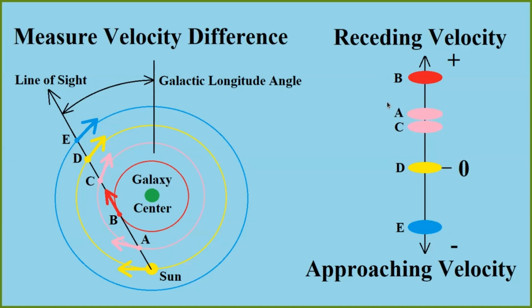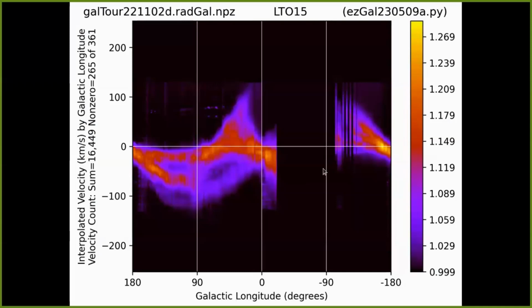These are the spots of power we received along the velocity spectrum shown in this plot. Along each vertical galactic longitude data line, we're looking along a particular line of sight and seeing different responses from hydrogen gas along the line of sight.